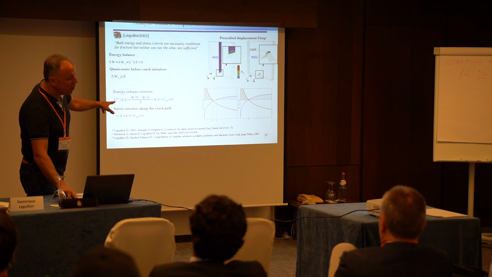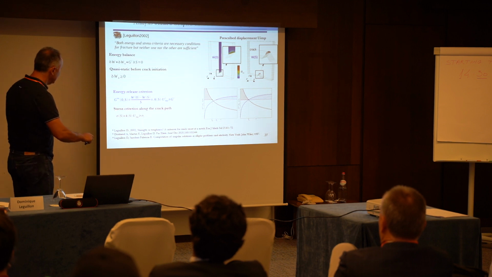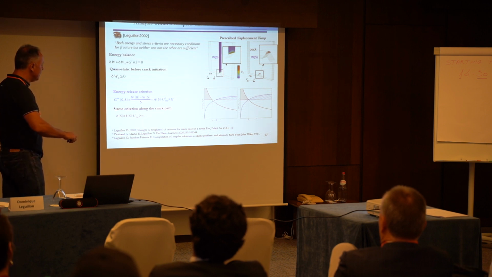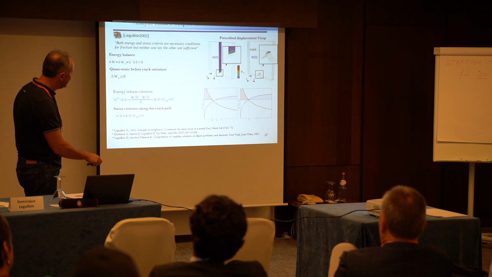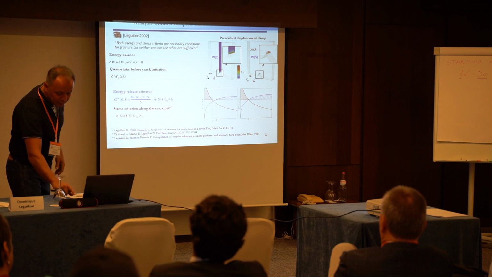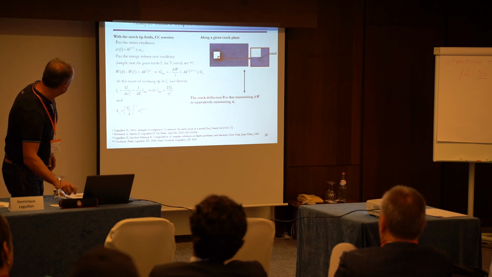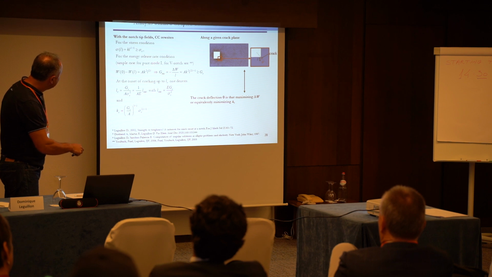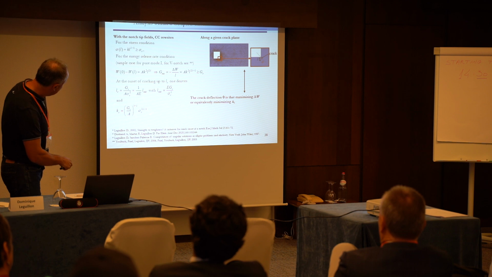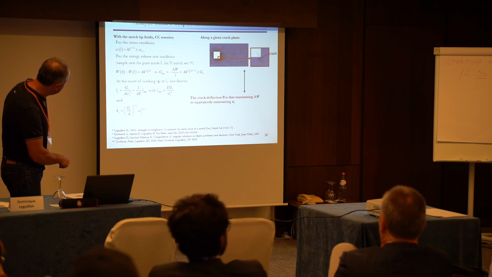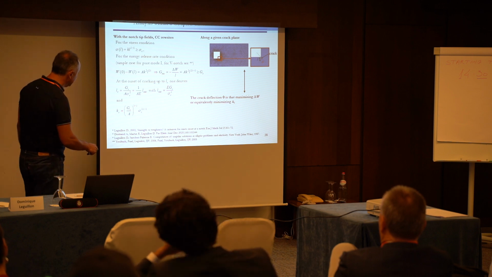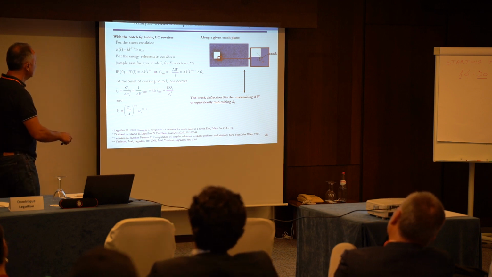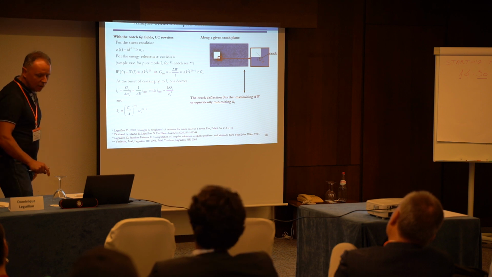You have seen all of these coupled criteria, energy release rate and stress based, that have to be fulfilled at the same distance here for the abrupt crack growth. This can be recast in this form that has been presented this morning by Alberto Sapora, for instance, and you have the connection between the critical generalized stress intensity factor, the material parameters GC and sigma C, and something that depends on the load.